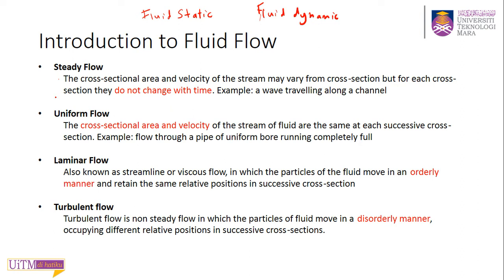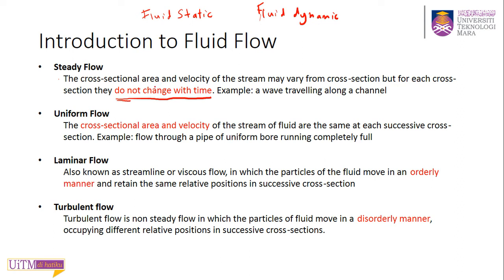Steady flow is when the cross-sectional area and velocity of the stream may vary from cross-section to cross-section, but for each cross-section they do not change with time. I bolded this sentence in red because this is the key phrase about steady flow. Steady flow means it's constant.